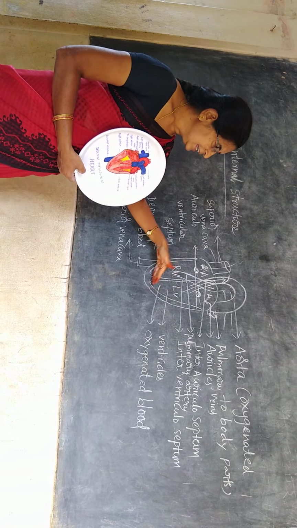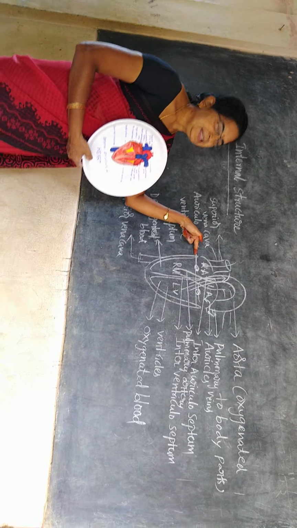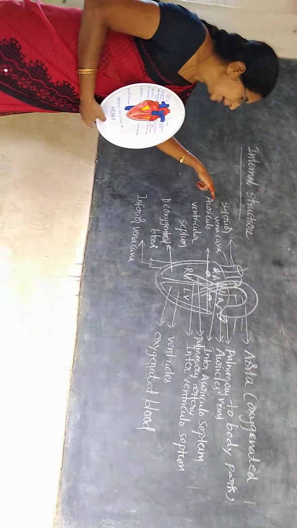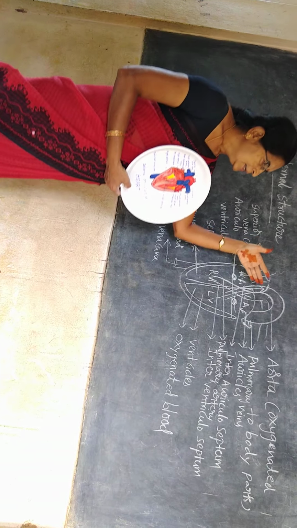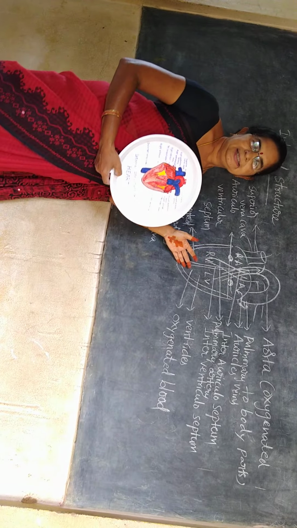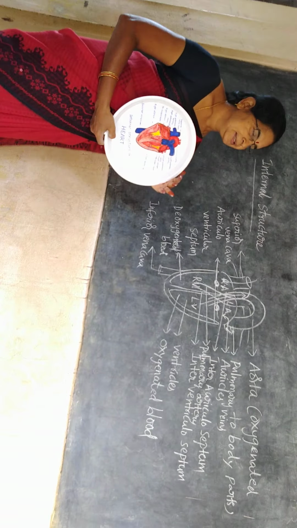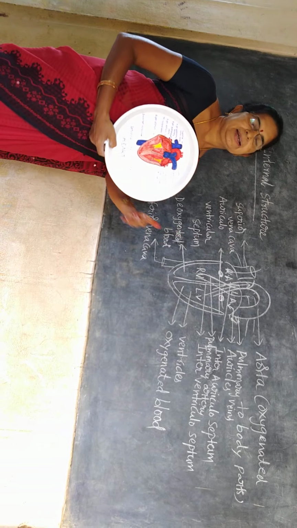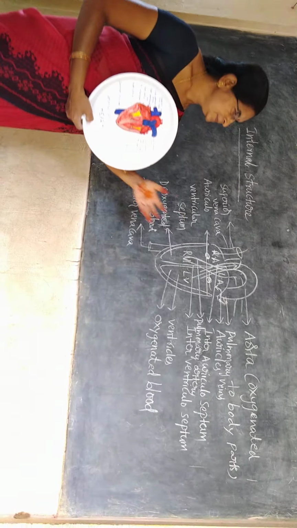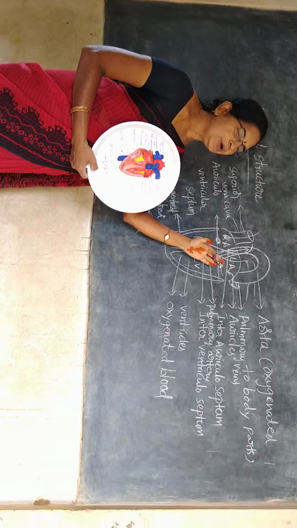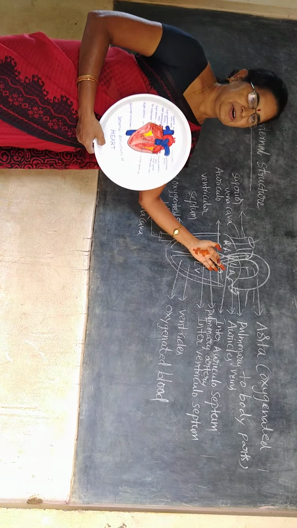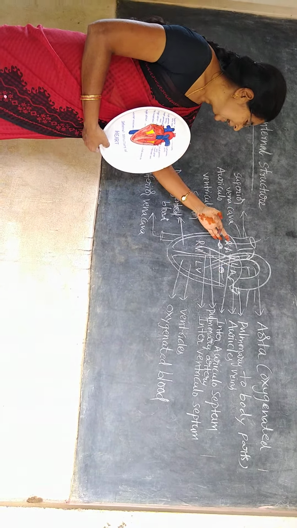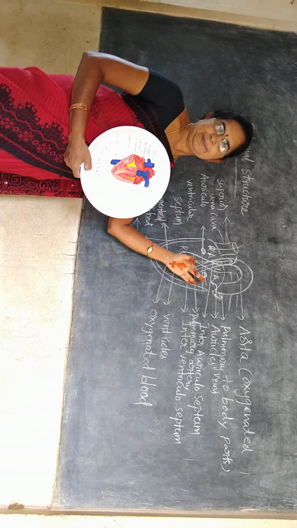Auricles and ventricles are separated with a septum called the auriculoventricular septum. Now the heart is divided into four chambers. But how are they connected? With the help of two apertures which are guarded with valves at the auriculoventricular septum.